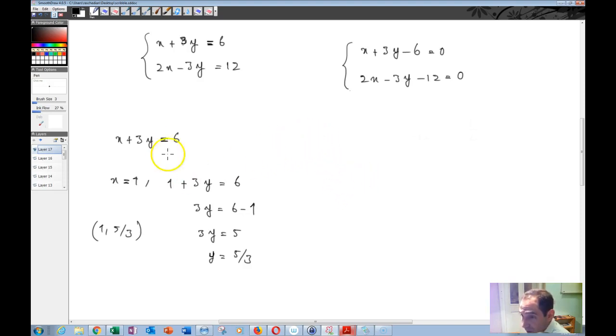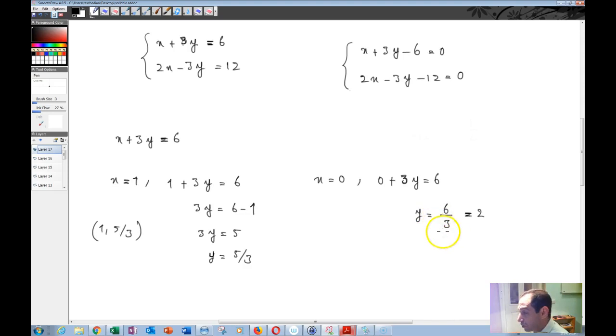On the other hand, if you have the same equation and tried, for example, x is equal to 0, then the equation would be 0 plus 3y is equal to 6, and then y is equal to 6/3, which is equal to 2.